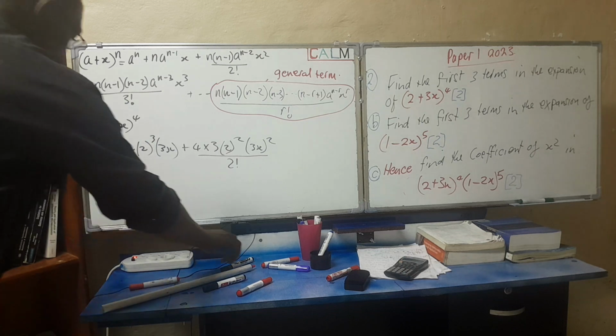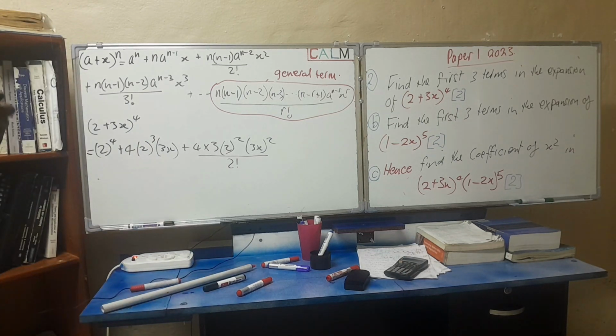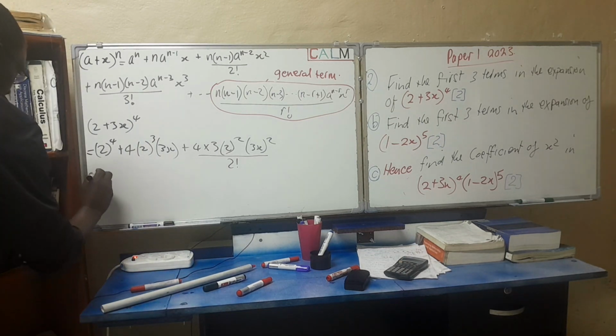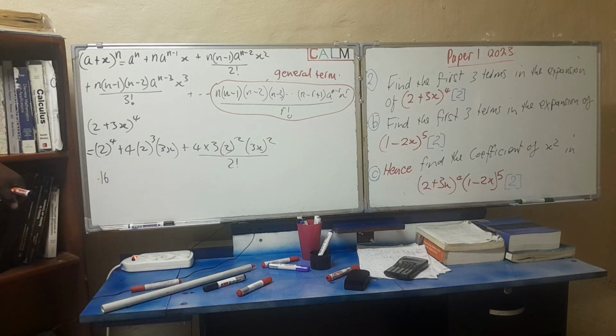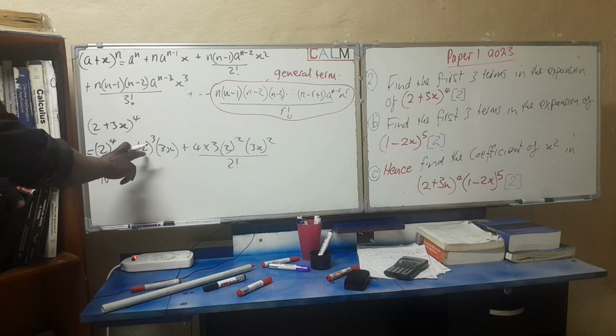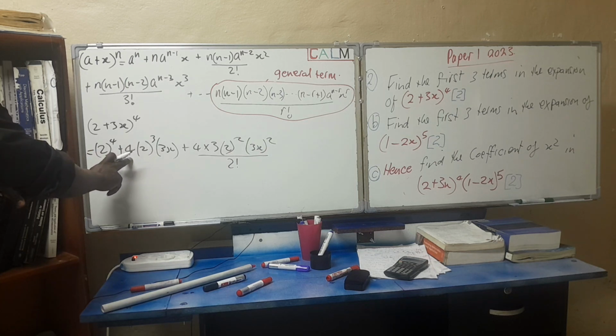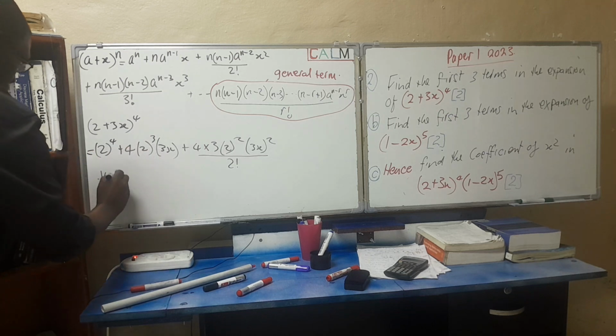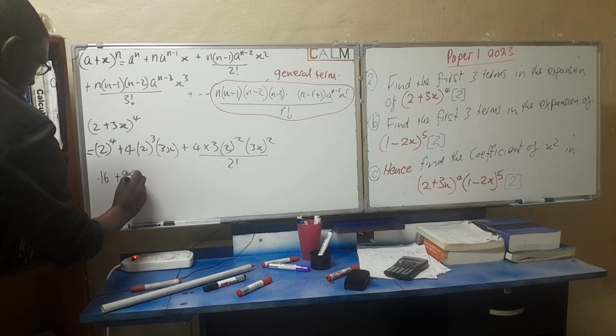So now let's go ahead and simplify this. 2 to the power 4 is 16. Then here we have an 8, because 2 to the power 3 is 8. 8 times 4 is 32. 32 times 3 is 96x.